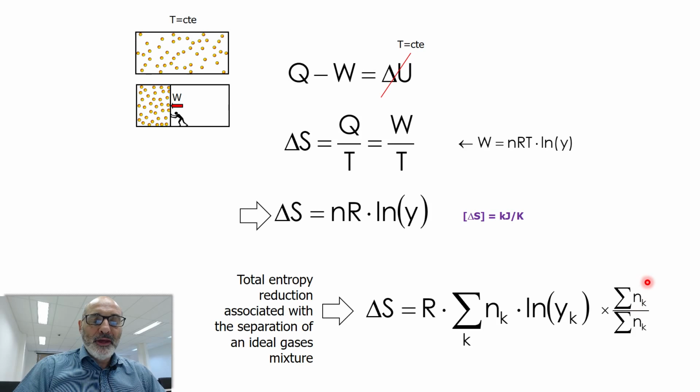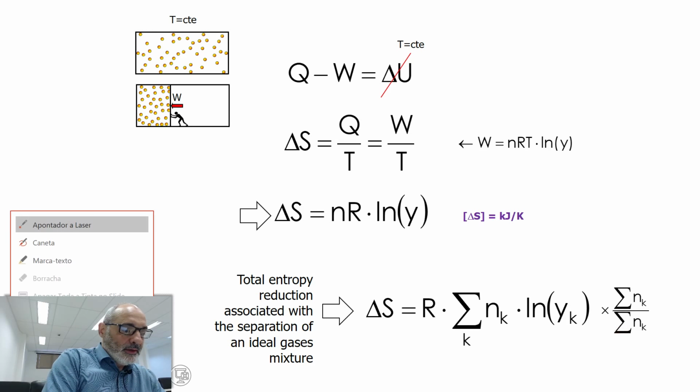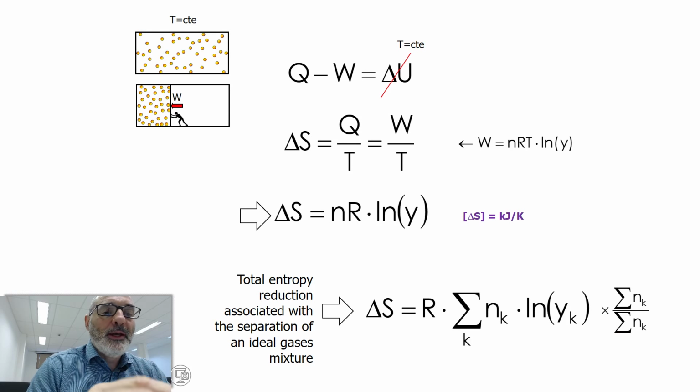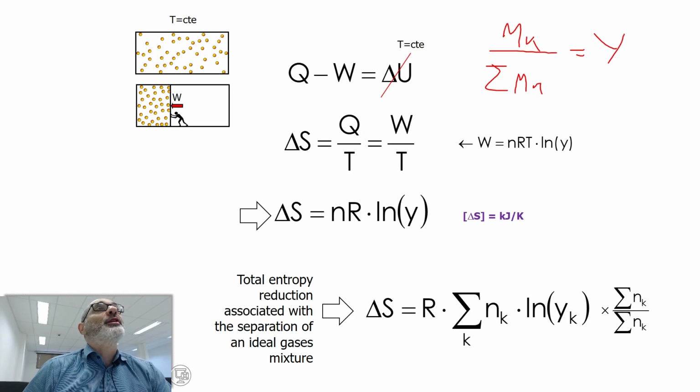So if I divide everything by the total molar flow rate, I'm going to get the corresponding concentrations, because Nk divided by the total molar flow rate is a molar concentration, Yk.